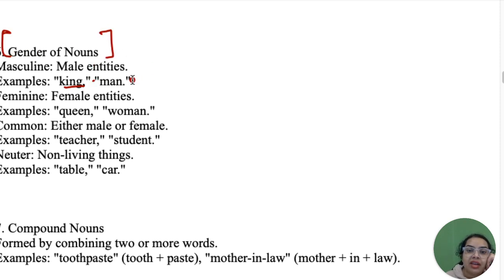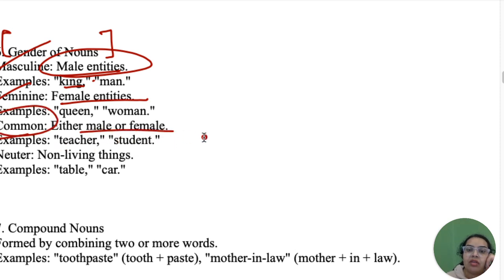King, man, any male entity is masculine, any female entity is feminine. A common gender is anything that can be male or female. When I say president, do you know if I'm talking about male or female? No. When I say teacher, it can be a sir, it can be a madam, right?